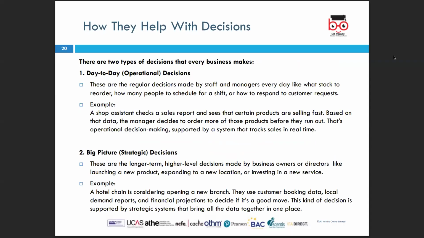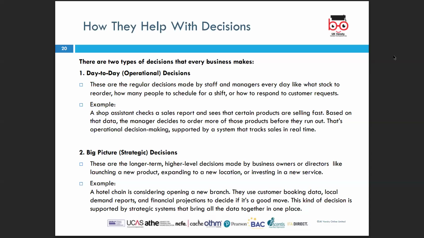How do they help with decisions? Operational decisions are the regular decisions made by staff and managers every day, like what stock to reorder, how many people to schedule for a shift, and how to respond to customer requests.